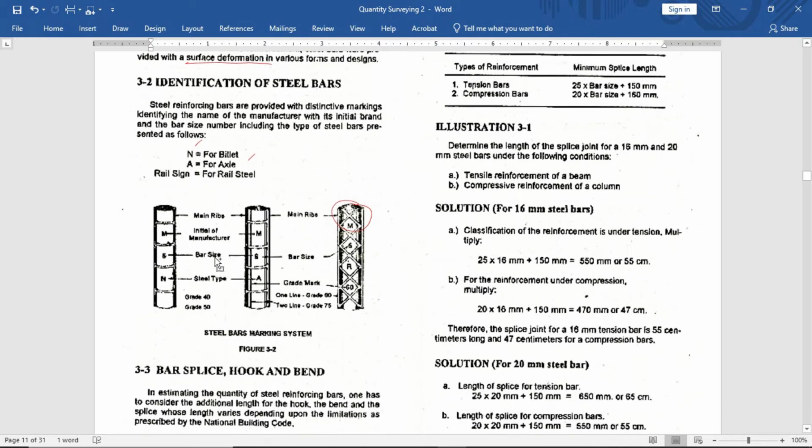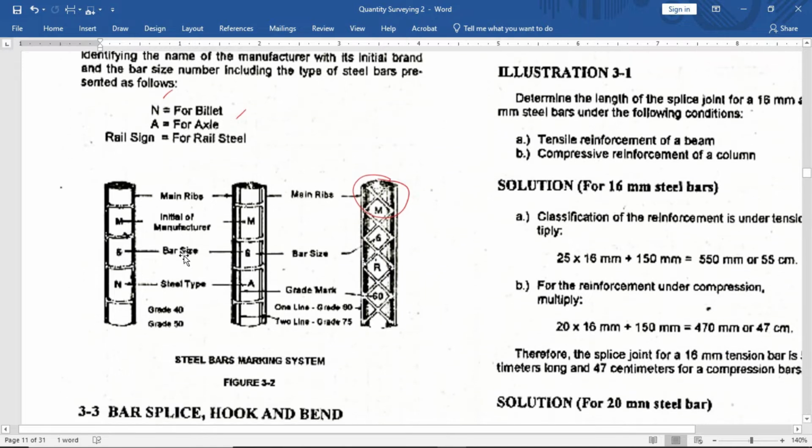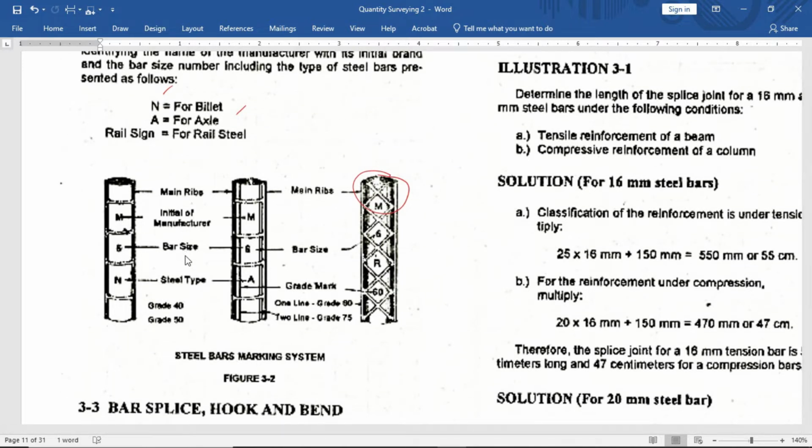So, ito yung main rib natin. Ito yung sa edge natin. Ito yung cross-sectional, tapos ito yung main rib dito. Ito yung dalawa. So, M, kung ano yung initial ng manufacturer. Kung S man yung initial, S na yung ilalagay nila.